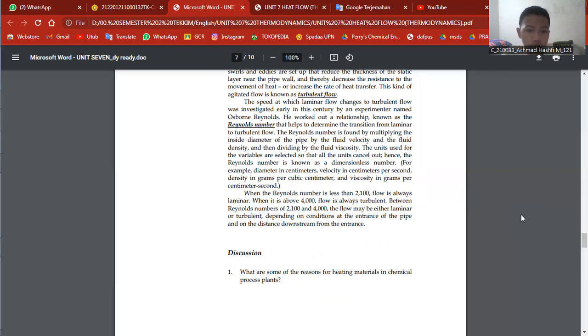Between Reynolds numbers of 2,100 and 4,000, the flow may be either laminar or turbulent, depending on conditions at the entrance of the pipe and on the distance downstream from the entrance.